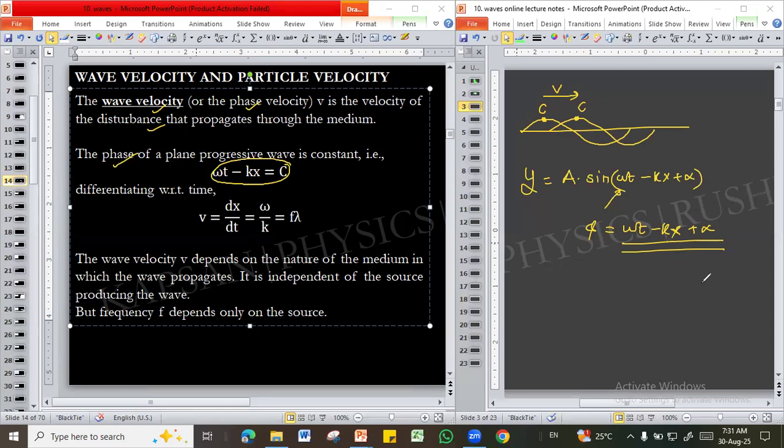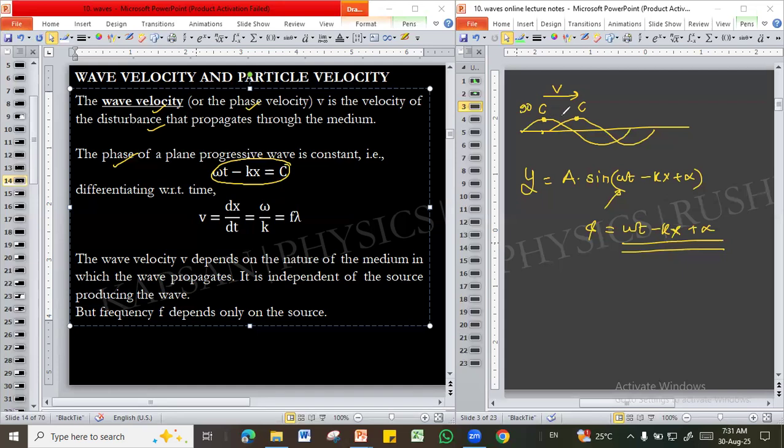Now, phase shall remain constant means what? It means this. Right now this particle is at phase equal to 90 degrees, at the positive extreme.